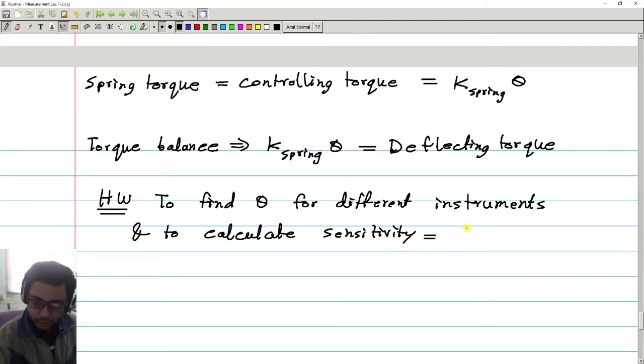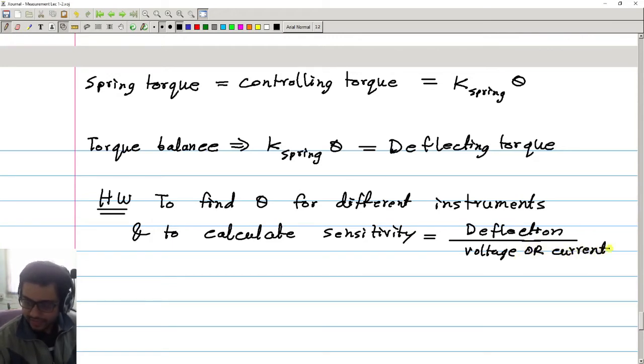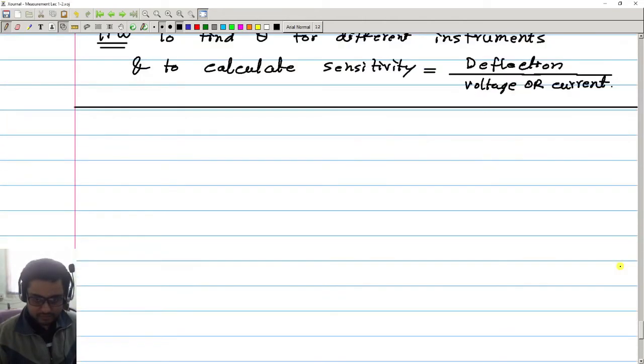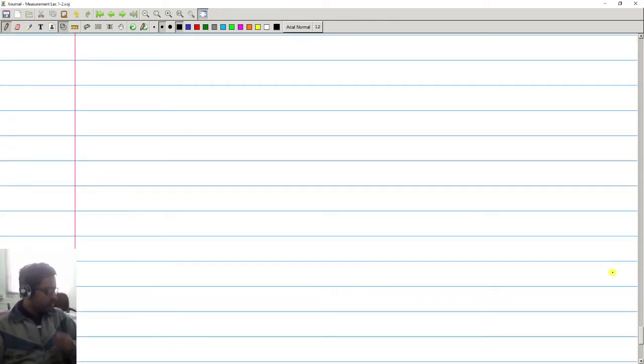That means how much deflection, how much observable output we get per unit quantity that we are measuring, voltage or current depending on the instrument type. That is your homework. You can do it. Any question so far? Then I will take up a slightly new topic.